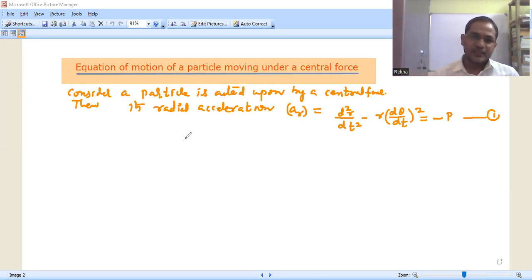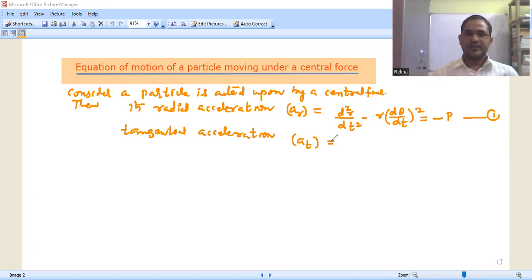Okay, next tangential acceleration. Tangential acceleration a_t is equal to 1 by r d by dt of r square d theta by dt, equals to 0.